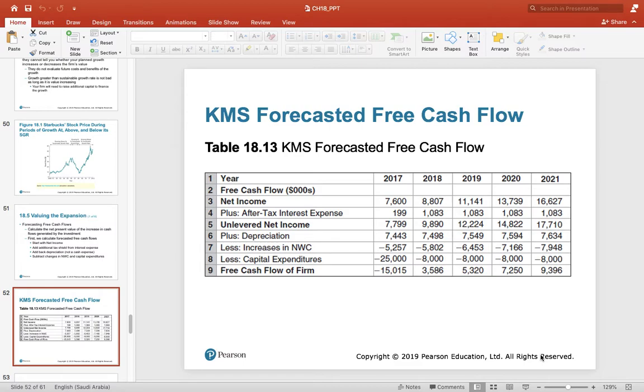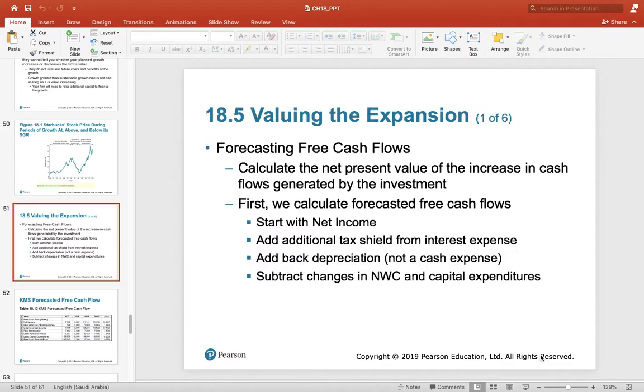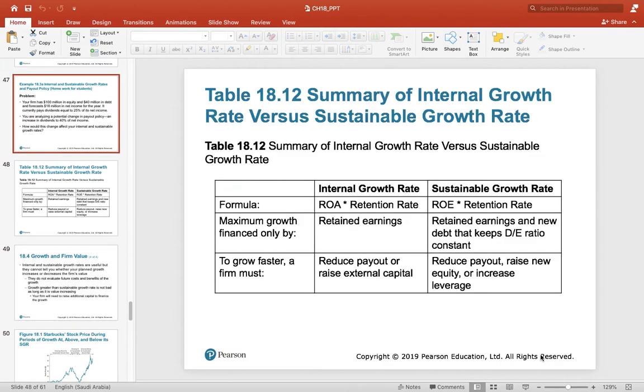Net income of the company we have projected in the previous slide: 7600, 8807, like that up to 2021. What we have seen, number one, is add the after tax interest expenses. That means interest minus interest tax shield is equal to after tax interest expenses.